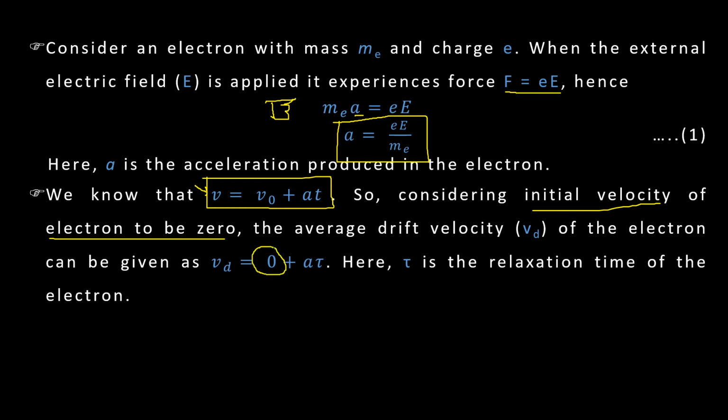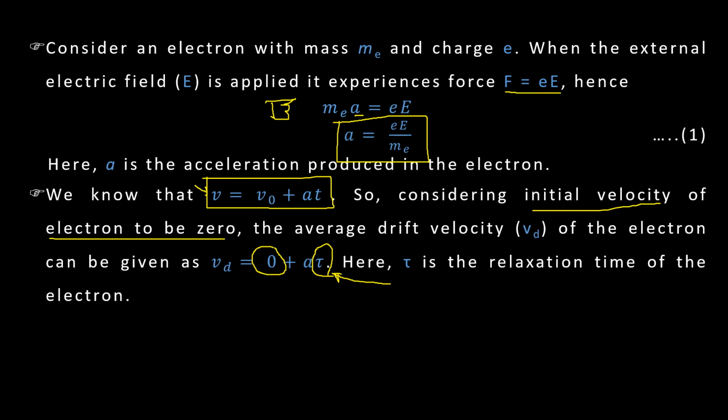Because when electrons travel from one point to another, even during a short journey, they collide so many times. Actually, electrons collide 10 raised to 8 to 10 raised to 9 times every second, and the time between two successive collisions is called relaxation time, because only during that small interval of time it is relaxing itself. And after every collision, what happens?